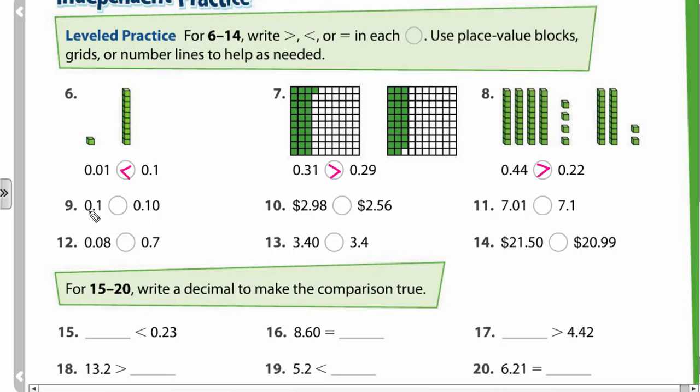Question number 9. Yes, question number 9. This is 0.1 and 0.10. 1/10 and 10/100. 0.10 is greater than 0.1. Okay, because it has 2 digits to the right of the point, so it's greater.